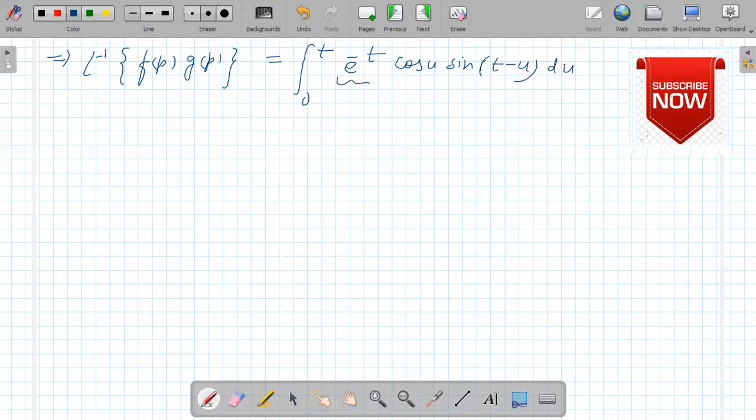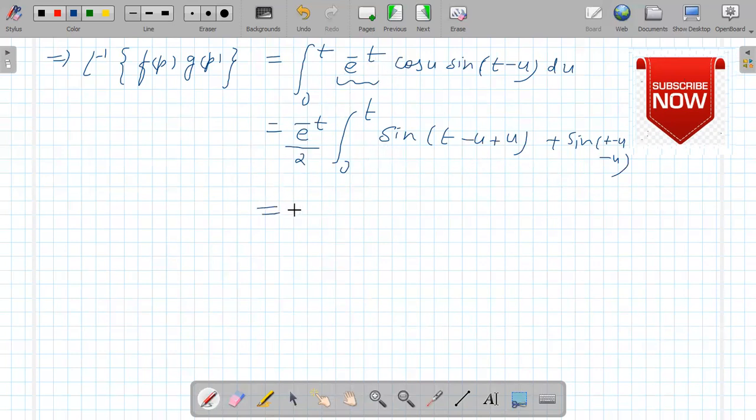I'll take e raised power minus t outside. To make it the sine a cos b formula, that is 2 sine a cos b equals sine (a plus b) plus sine (a minus b), we'll multiply and divide by 2.